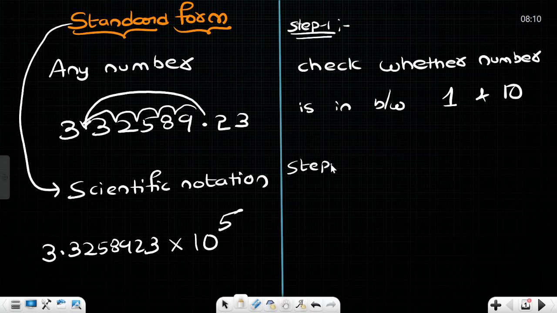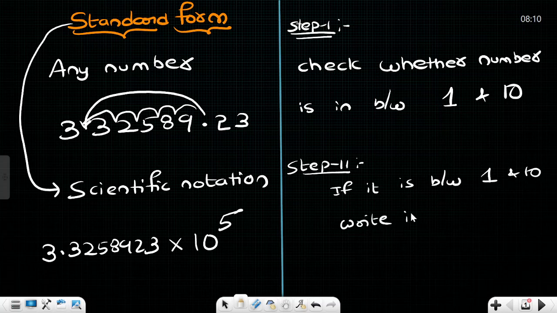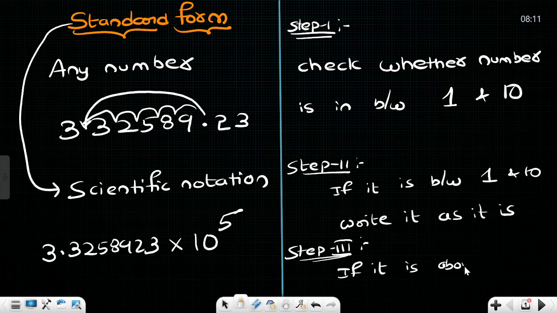Step 2: if it is between 1 and 10, write it as it is. Step 3: if it is above 10, then write that number as a decimal number between 1 and 10 into 10 power however much you get, like what we have done for this one.